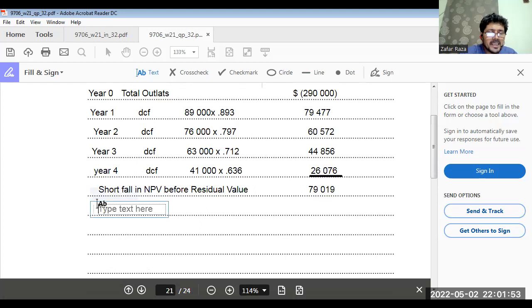So if we divide by the year 4 discount factor, that was 0.636, we get the residual value.